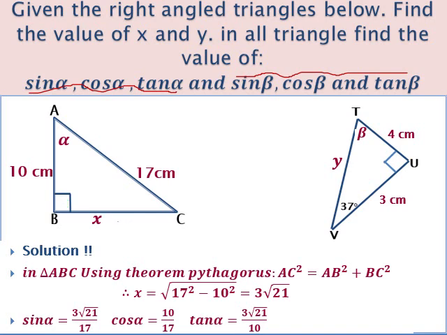Right, now try to attempt to solve that triangle TUV and do it step by step. My advice is this: you can pause this video and do it so that you see if you understand or not. Okay, let's move forward.